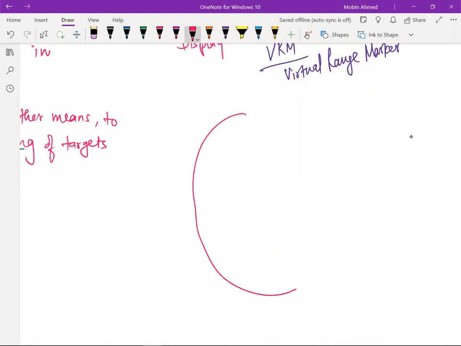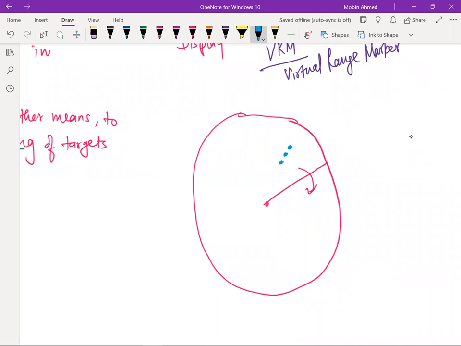Now suppose this is a display and this is a sweep. This sweep is rotating and we have a target here. This is a target. Now what happens, again this sweep is going to come, this target has moved here, and again the next sweep when it comes, it is going to come here.